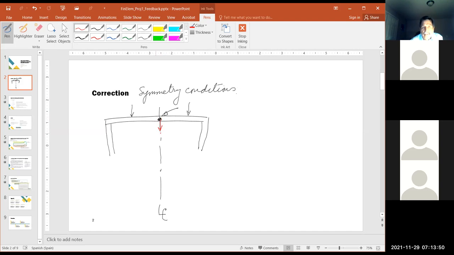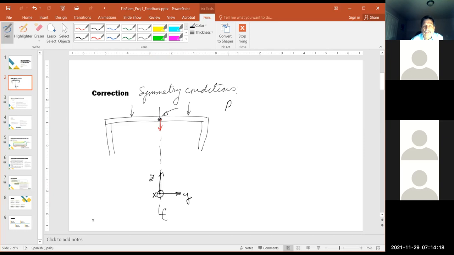In general, let's include here a reference system. Let's suppose this is Y and this is Z, and this is going to be X. This point here cannot move in the Y direction, and it cannot rotate in the X direction.